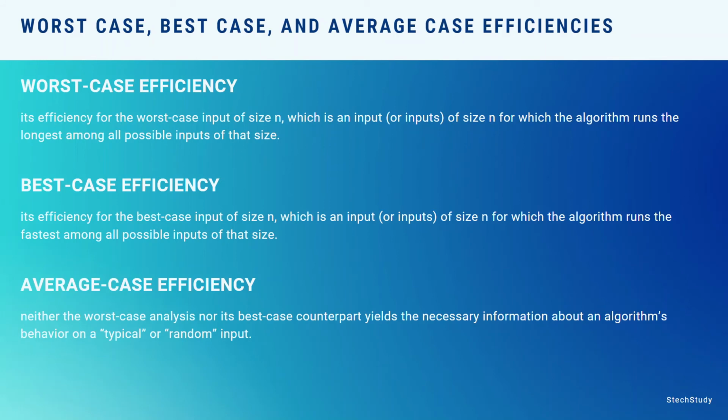Likewise, best case efficiency is for the input for which the algorithm runs fastest among all possible inputs of that size. Average case efficiency is neither the worst case nor the best case. It's the algorithm's behavior on a typical or random input.